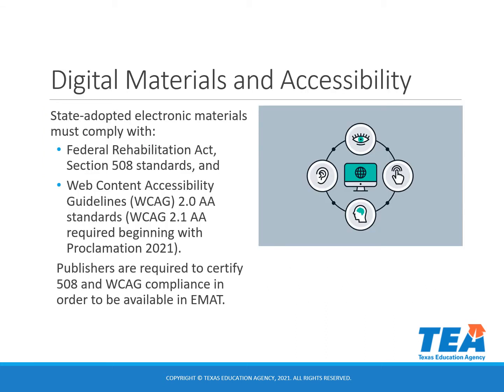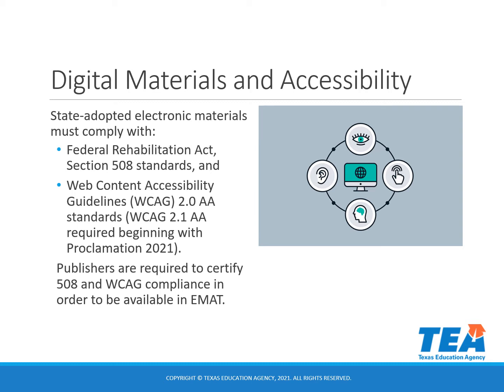I do want to talk a little bit more about digital accessibility. In order to be state adopted and be available in EMAT, electronic materials must comply with both Section 508 standards and Web Content Accessibility Guidelines, or WCAG standards.